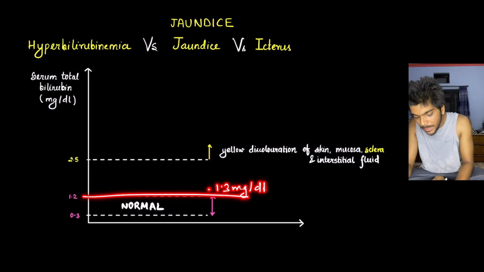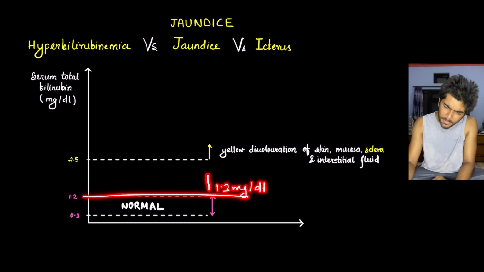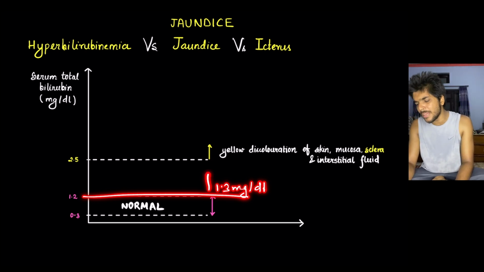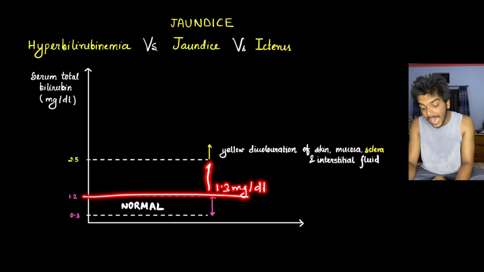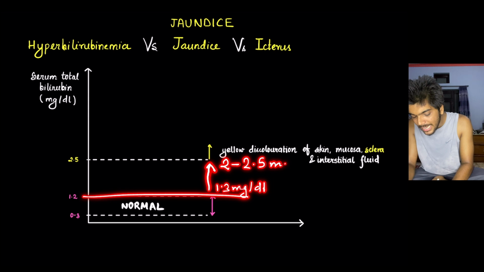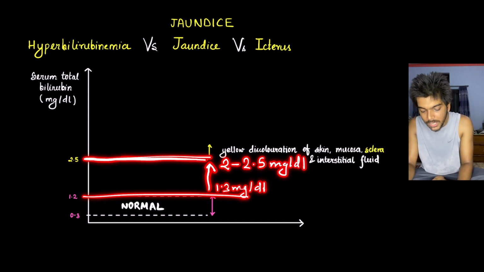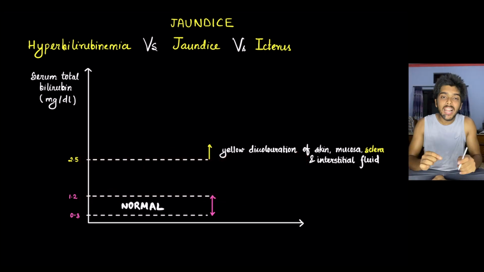As a result, the bilirubin level keeps on rising, 1.3, 1.4, 1.5, 1.6, 1.7, 1.8, 1.9 milligram per deciliter, and around 2 to 2.5 milligram per deciliter. At around this point of hyperbilirubinemia, clinical manifestations are appreciable by naked eye.